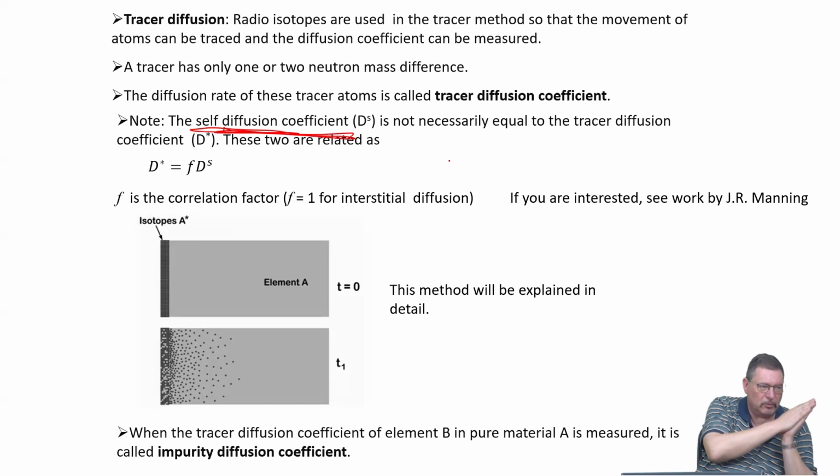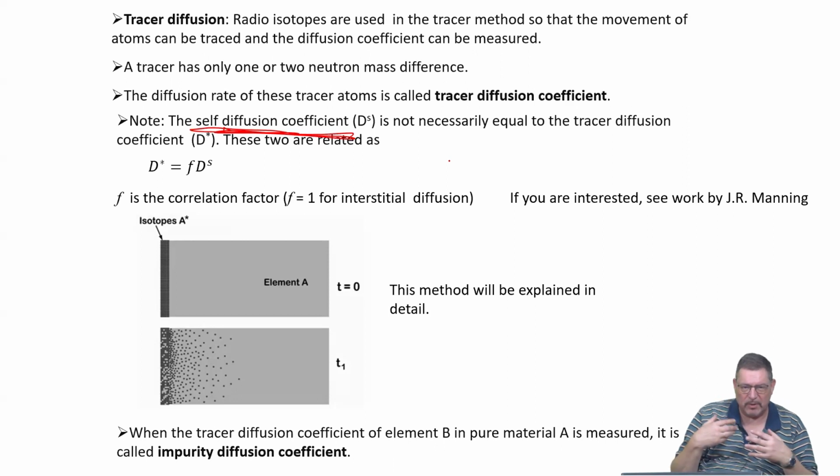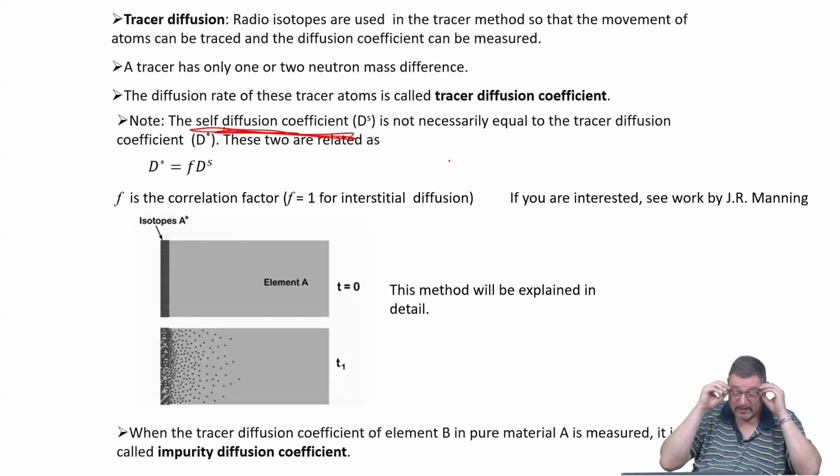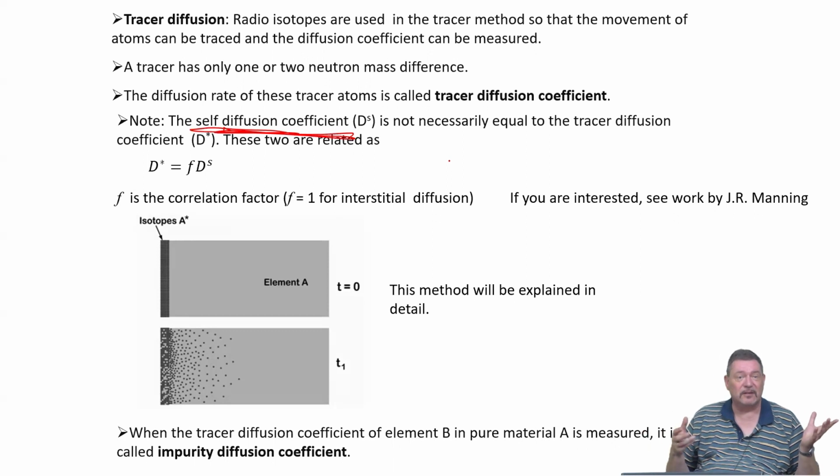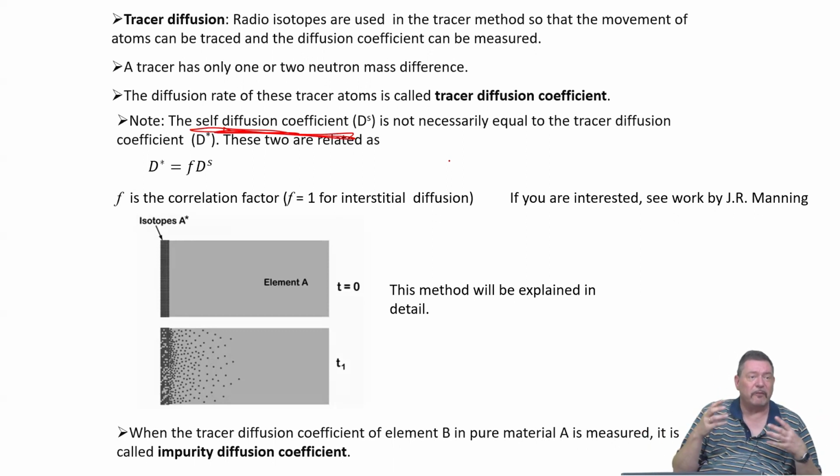If you want to look into that, you look into the very basics, fundamentals of diffusion, because then people are applying so-called 5-frequency models. They were first invented by Manning, where, for FCC lattices at least, it was speculated that there are 5 principal frequencies by which vacancies can move through the lattice.